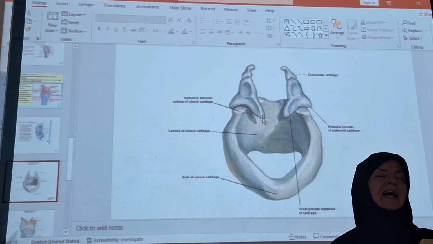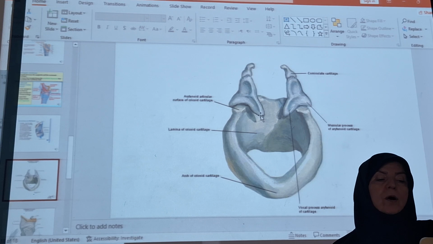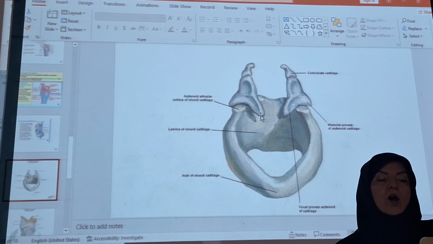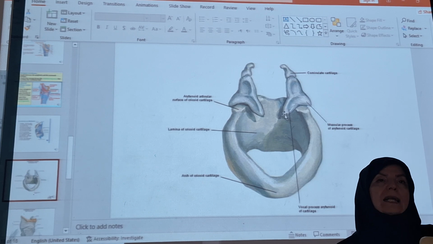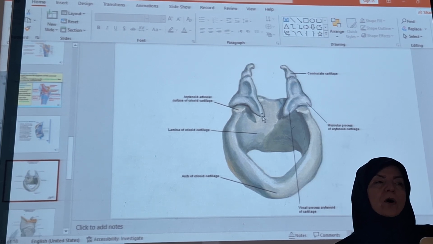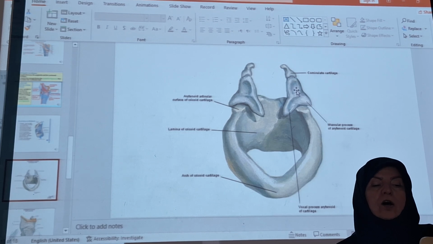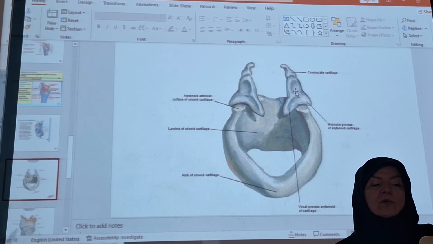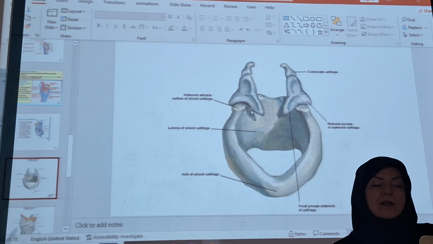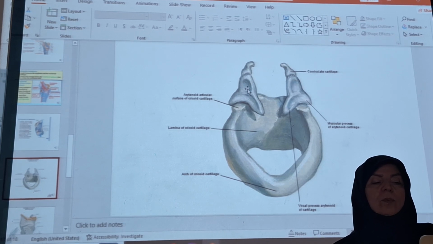So the false and true vocal ligaments, both of them posteriorly attach to the arytenoid cartilage. Only the surface of attachment is different. The true vocal ligament or cord attaches to the vocal process, but the vestibular cord or the false vocal ligament attaches to the anterolateral surface of the arytenoid, to the superior part.